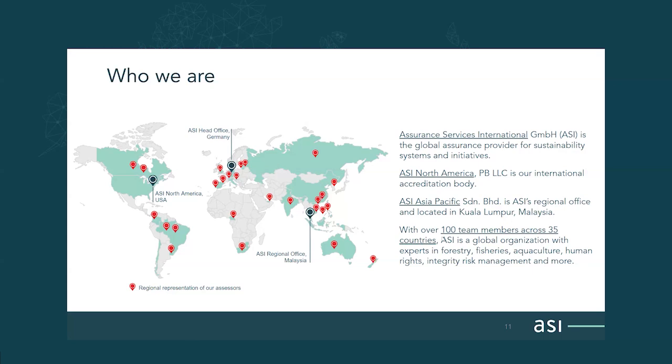So indeed, ASI is a global organization serving a variety of clients, scheme owners in the forestry, fisheries sector, aquaculture, agriculture. But yeah, also with a focus on workers' rights, human rights, and a clearly risk-based approach.